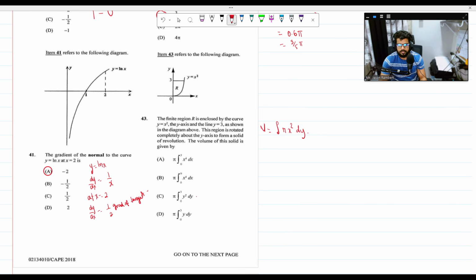So I'm looking for a dy. The limits are going to be 3 and 0. In this case x squared is y, so the integral of pi y dy is my answer. D.